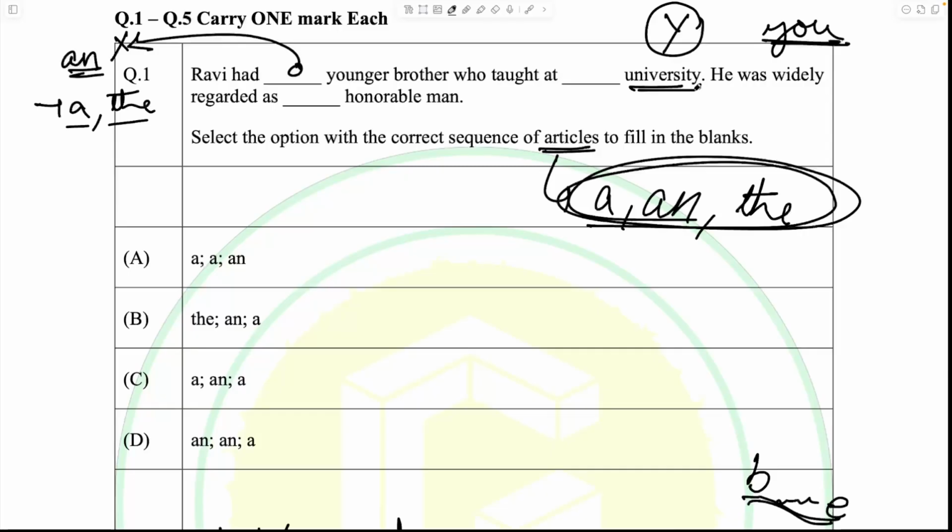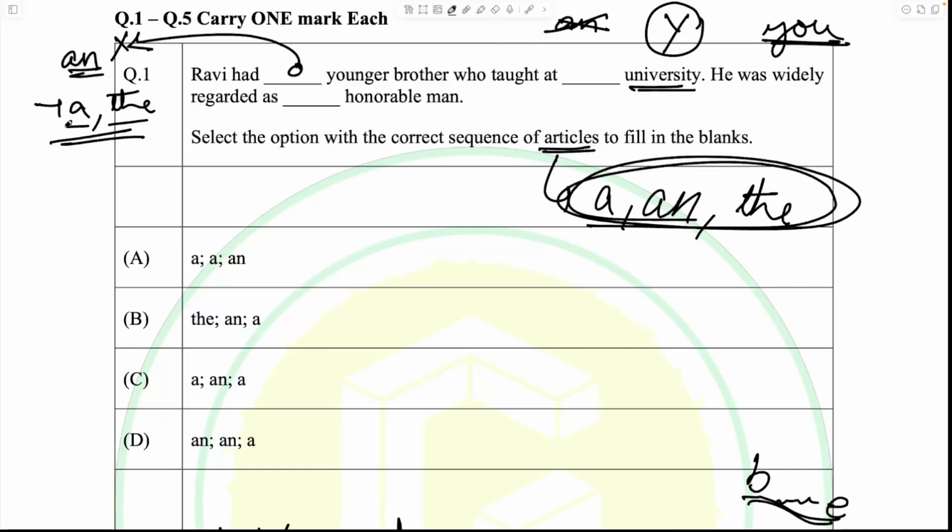So it starts with a consonant sound. Hence an cannot be used here, because the first pronunciation is that of a consonant, right? So again, a or the can be used here. At the university, taught at the university, a university, right?